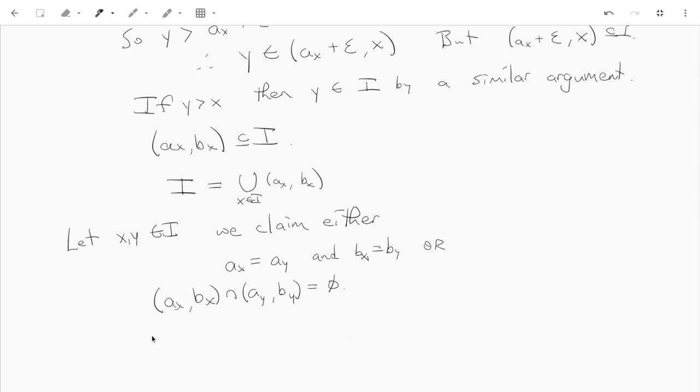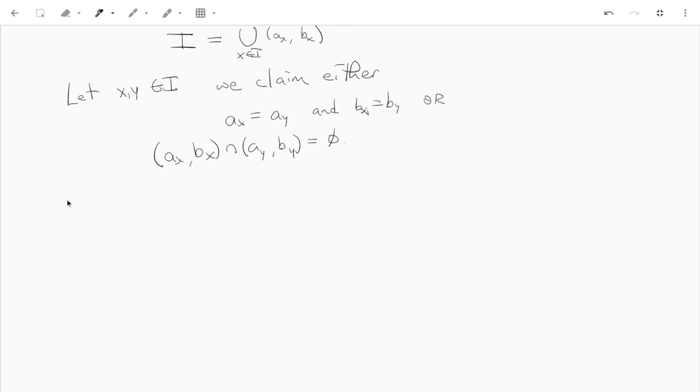And so suppose the intersection is not empty. Well, that means that the intersection of these two intervals is not empty, so that means that their union is also an interval.